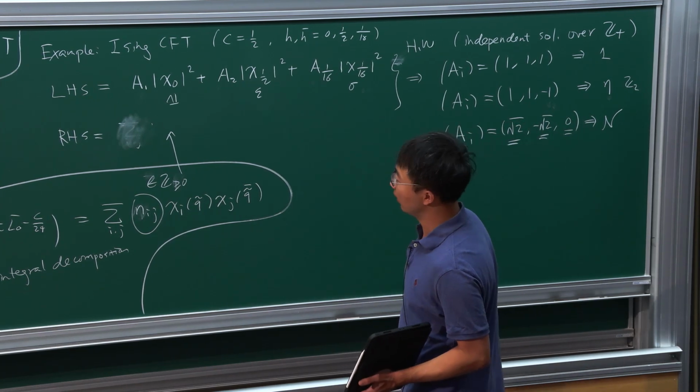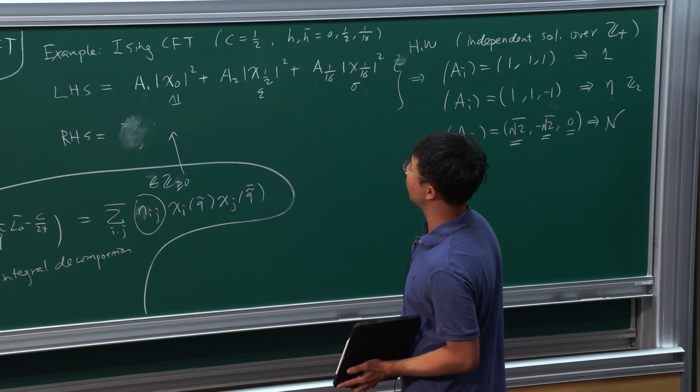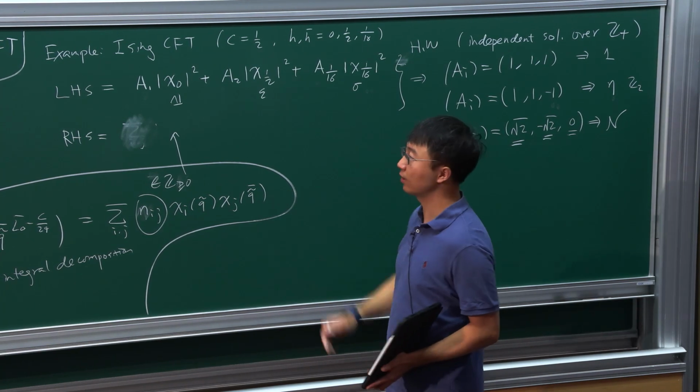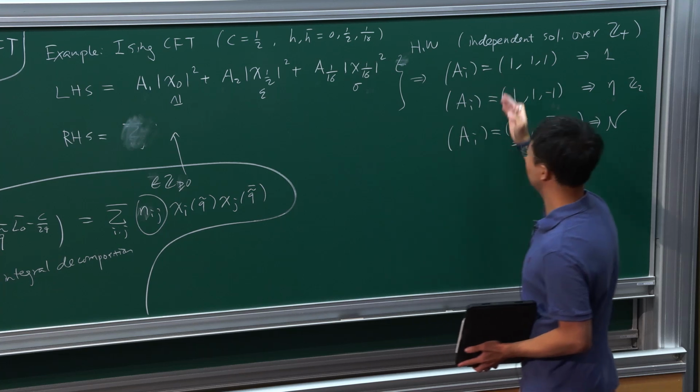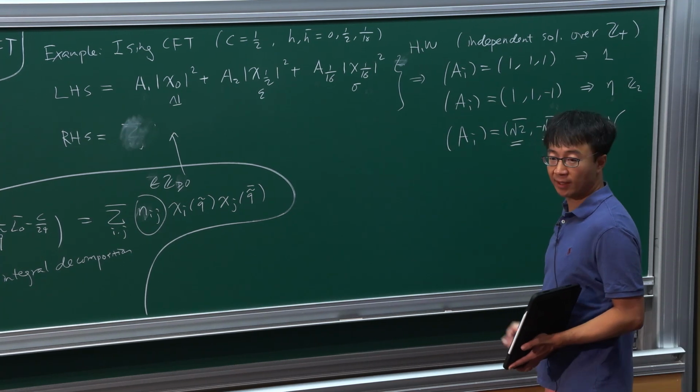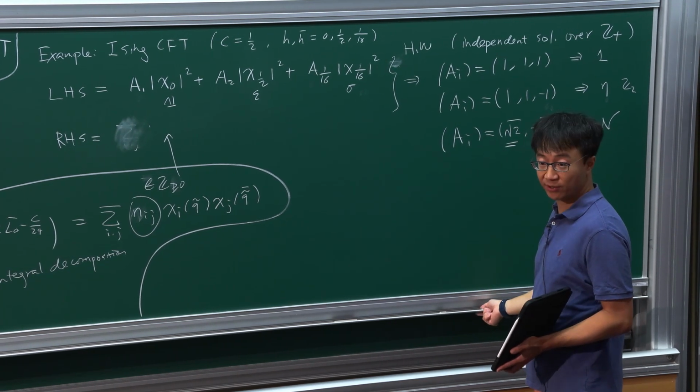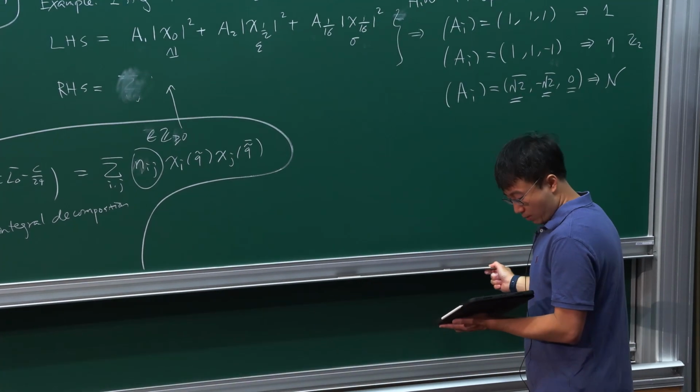For a given conformal multiplet, there is only one operator in the Ising CFT. Otherwise, in general, the symmetry action is not completely nailed down just by the eigenvalues. There will be a matrix.